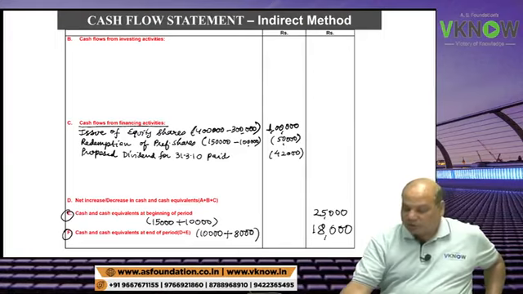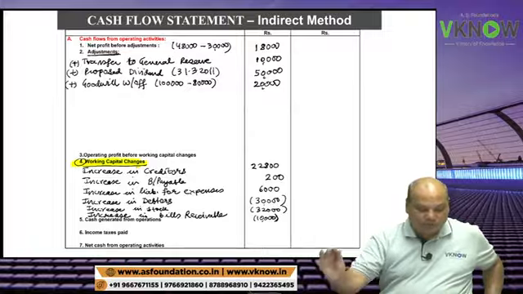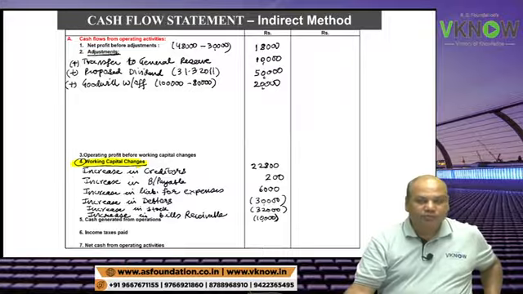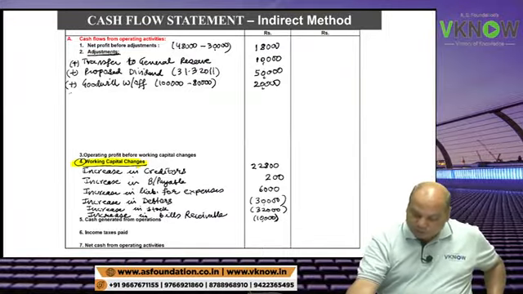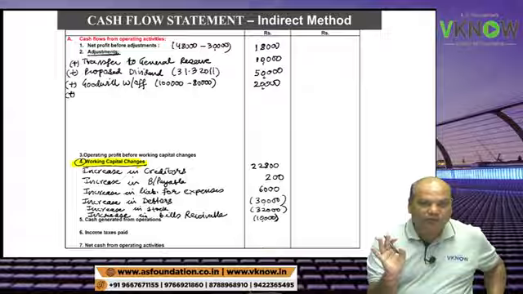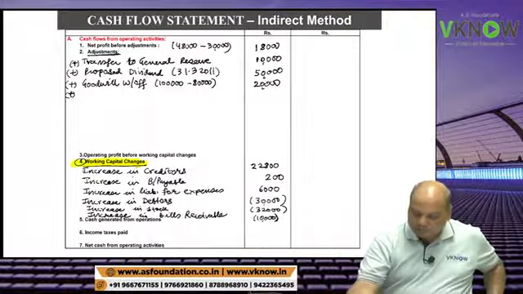Last item in the balance sheet is preliminary expenses. From 15,000 it has become 10,000. It means 5,000 rupees written off. So again entry will be P&L account debit to preliminary expense written off, which means non-cash item debited to P&L account, add back.